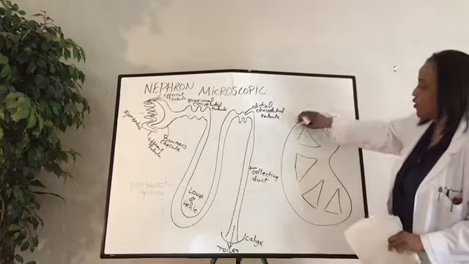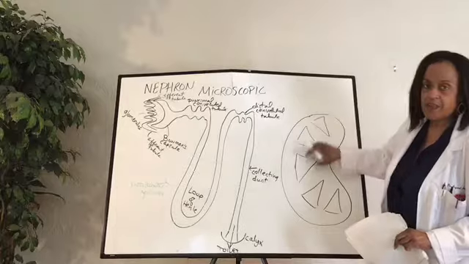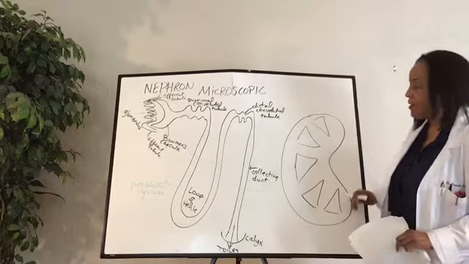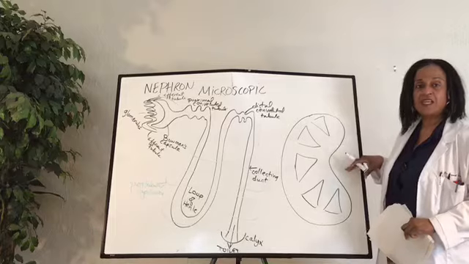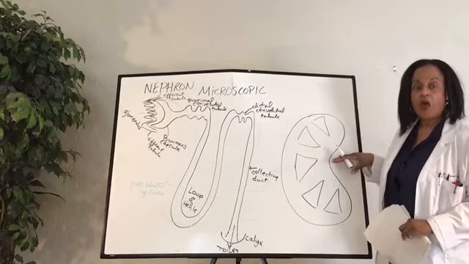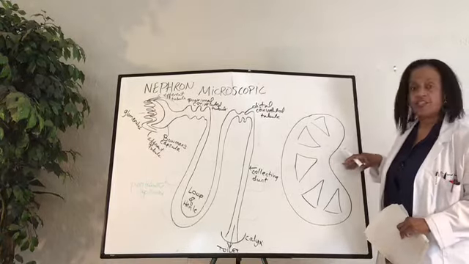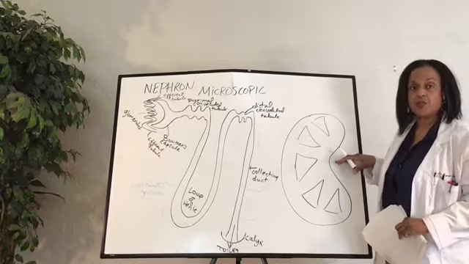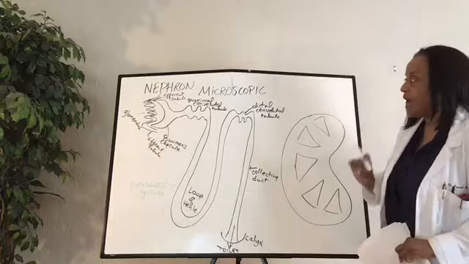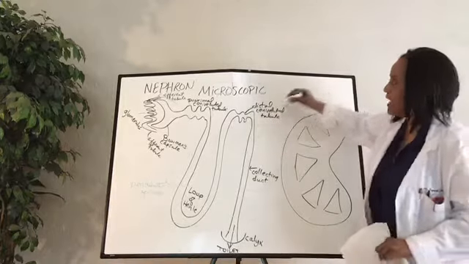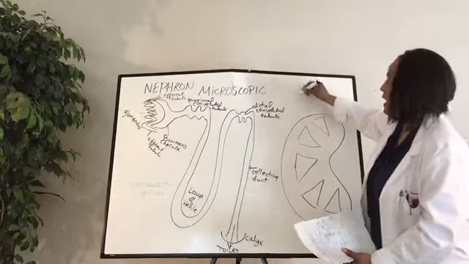Remember, this is the cortical region or the cortex. This is the medullary region or the medulla, right? This is the hilum, also the area where things enter and exit. So the renal artery, renal vein will enter and exit through here, as well as the ureter will exit through here, okay?